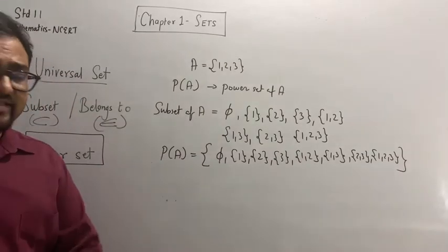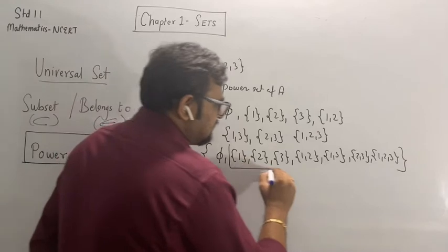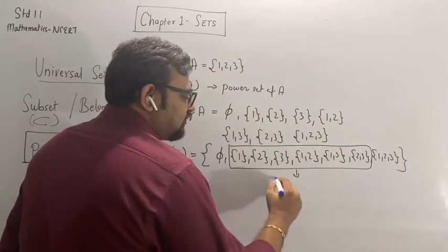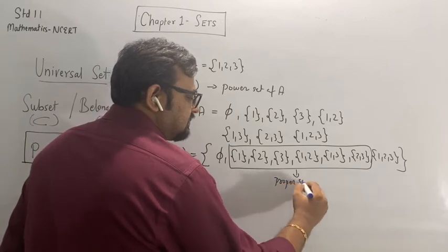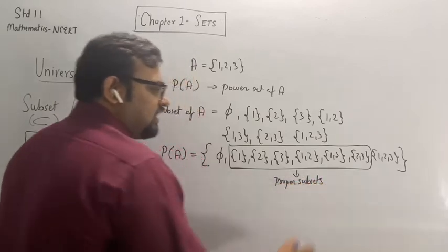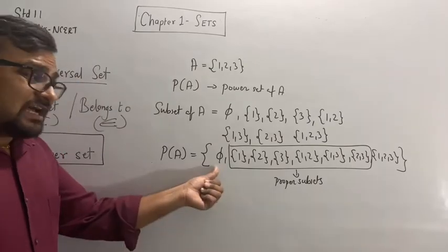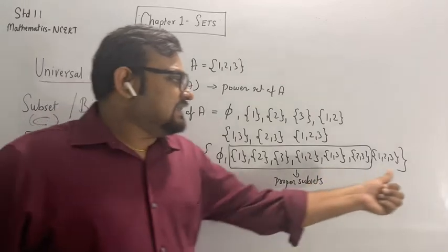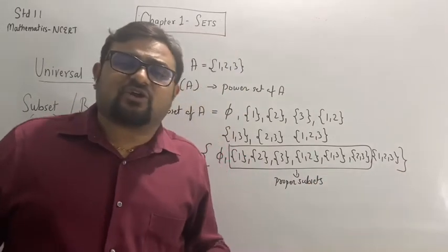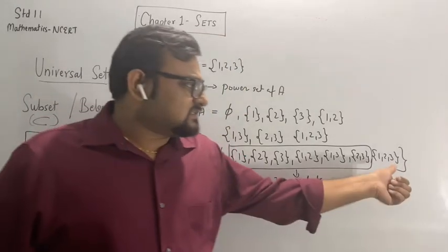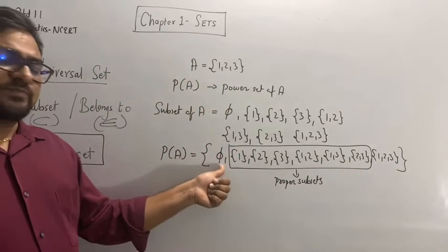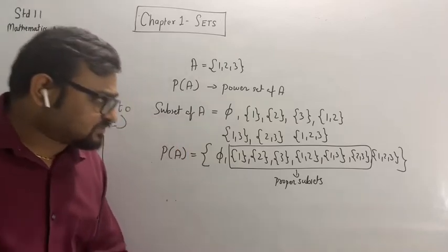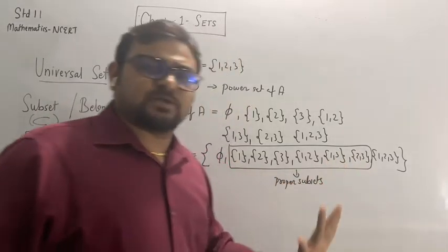But now, in this case, these are the proper subsets. Okay? Because the null set is a subset of every set and the set itself is a subset of itself. Right? A set is a subset of itself and the null set is a subset of every set. So if you want to find out the proper subsets, then these are the proper subsets.